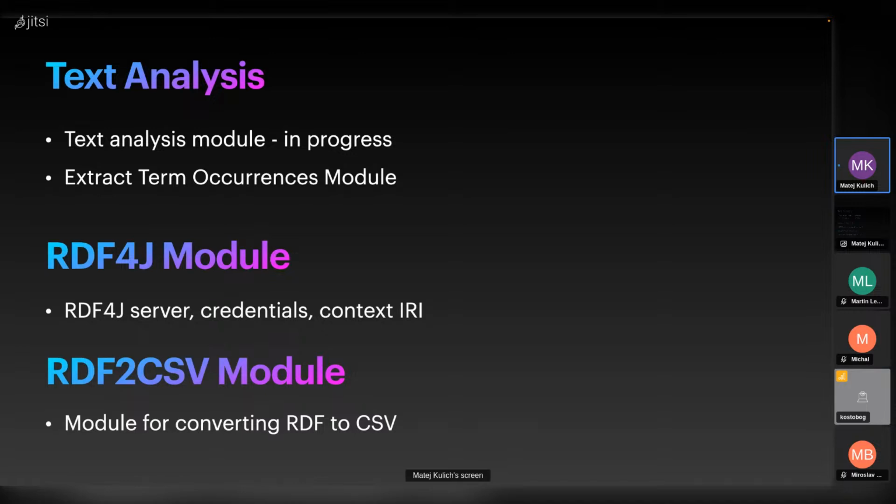To deploy data to a remote repository, we can use the RDF4J module, which deploys data to an RDF4J server, where you have to specify some parameters like credentials or context IRI.